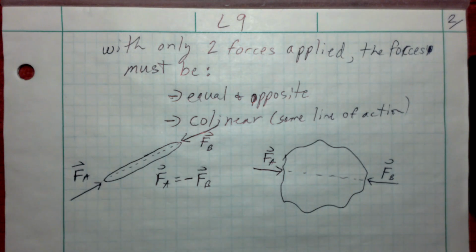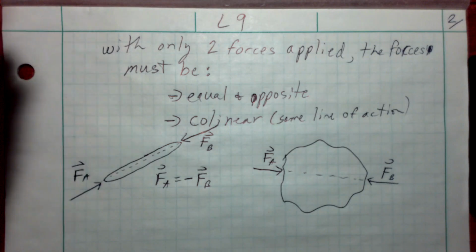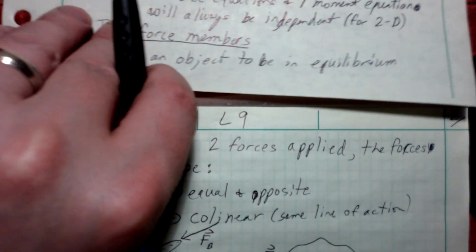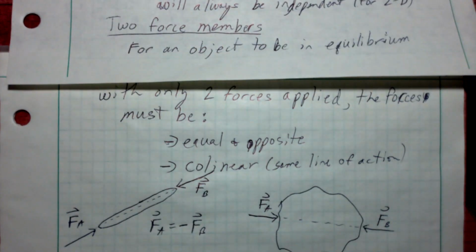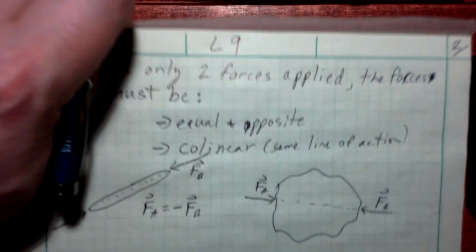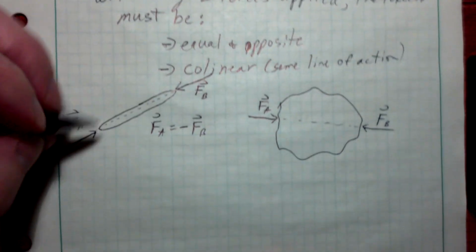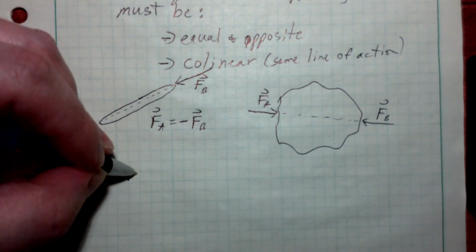The other scenario, that is the concept of two-force members. All right, so the other scenario to talk a little bit about, at least in our text in chapter 5, kind of a special case is what we call a three-force member.